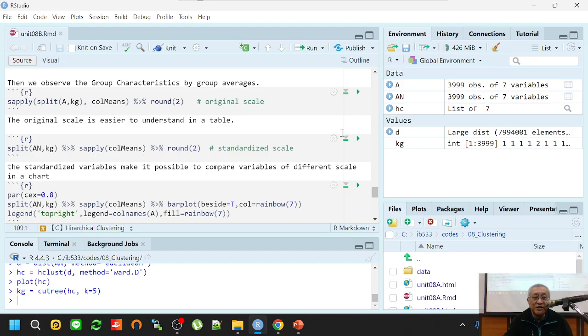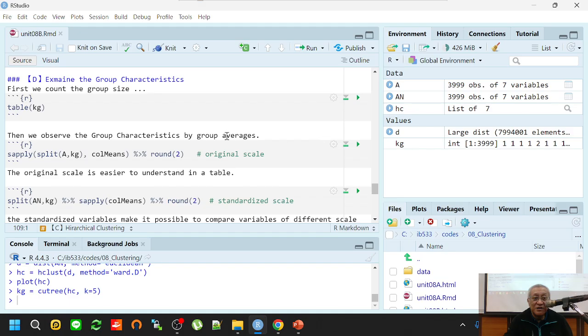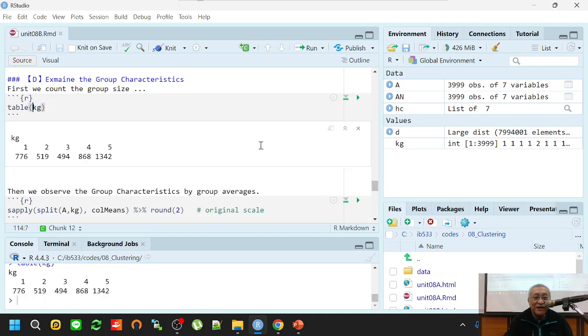The grouping is kept in this KG vector. As you can see, this is the group size.